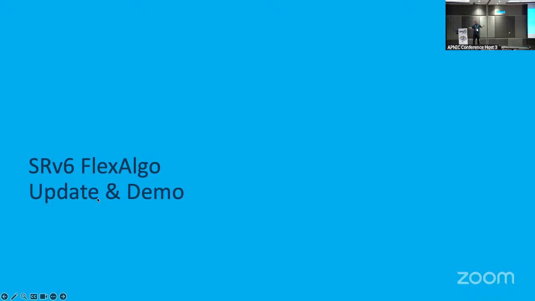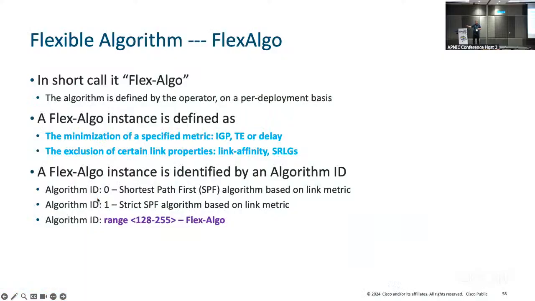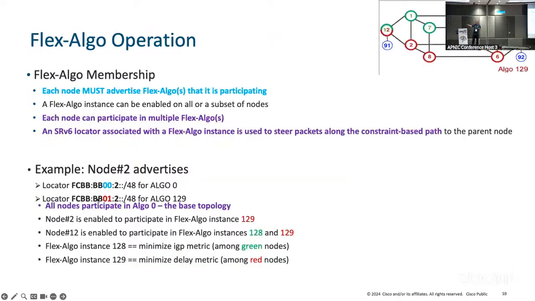It's the same MPLS TE database, but you use include and exclude, affinity, to do that. But here, FlexAlgo is different. It's a new terminology. Let me get into that very straight.